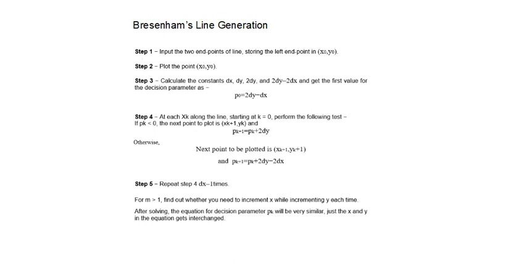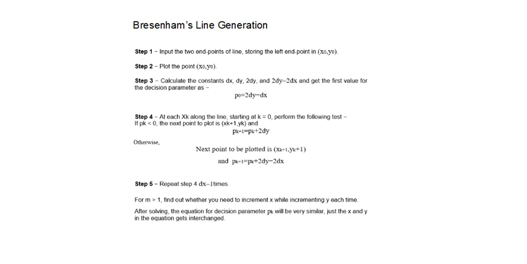So let me repeat again, this is for slope less than 1, and when slope is less than 1, that means change in x is greater than change in y. So that's what we are doing here, because change in x is greater than change in y, x is being increased every time.